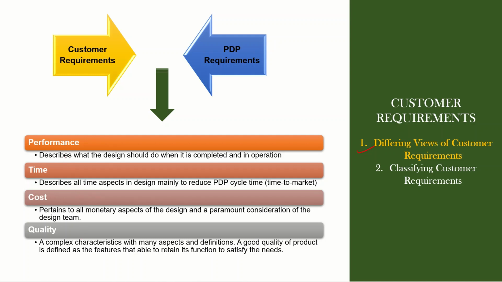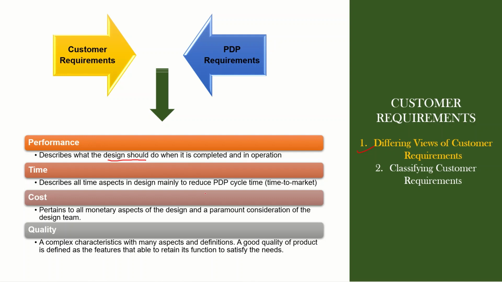Performance describes what the design should do when it is completed and in operation. We want the product to perform very well according to our expectation, meet the requirements, and meet our analysis after testing.